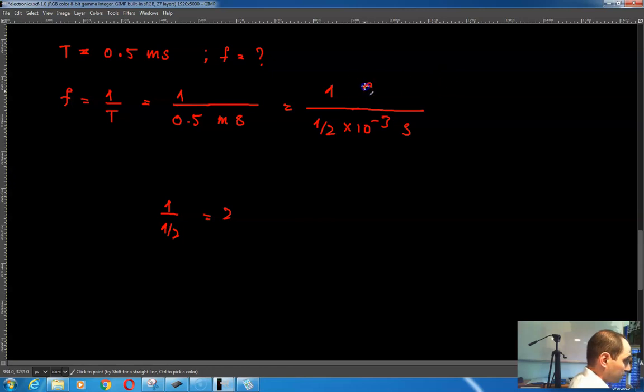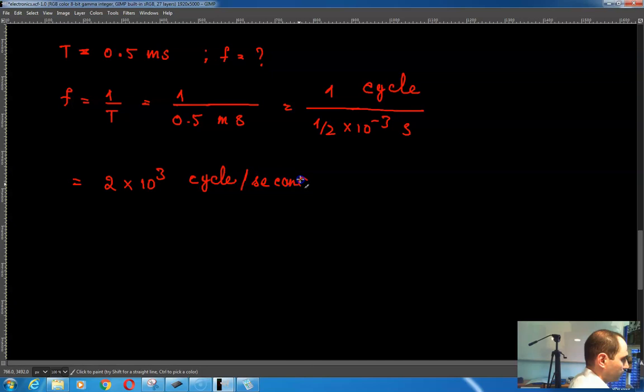Of course, this would be a cycle over here, right? So the frequency would be so many cycles per so many seconds. So this would be the same thing as essentially 1 over 1/2, which is equal to 2 into 10 raised to the power 3, cycles per second, and that would be basically 2000 cycles per second, which is hertz.